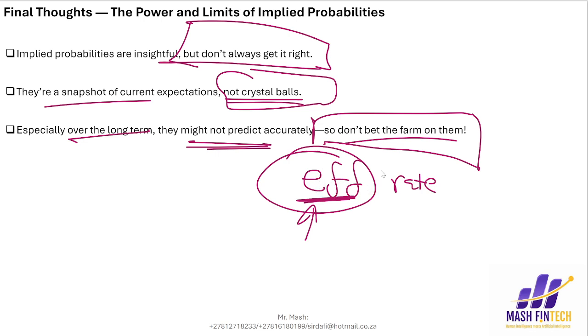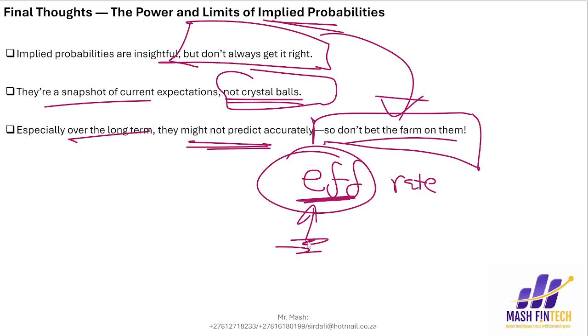I was interchanging, saying Fed funds effective rate or effective federal funds rate, it's the same thing. So they are pushing for expropriation of land without compensation. They want to take the farms. But the suggestion would be, based on the implied probabilities, do not bet your farm. Don't lose your land over implied probabilities, because it might not go the way you predict.